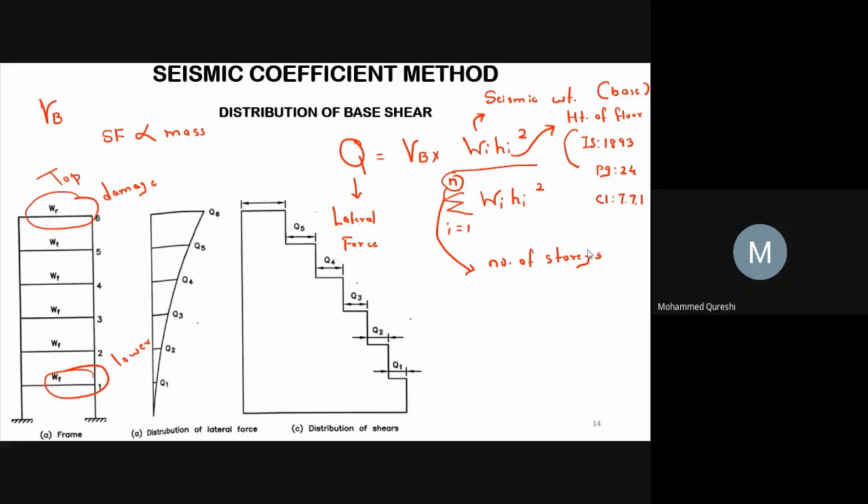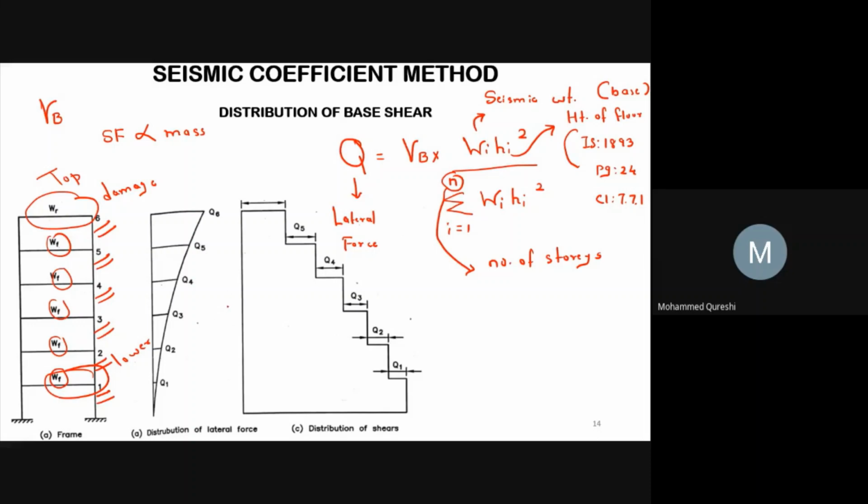So for a regular building, suppose we assume that this is your first floor, second floor, third floor, fourth floor, fifth, and your top floor, that is sixth. According to the floor, your weight will differ.